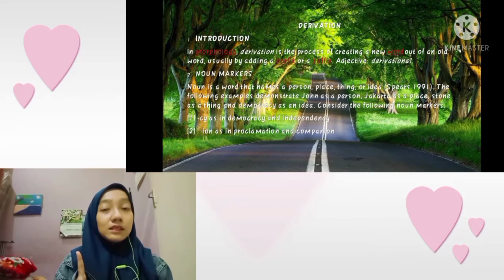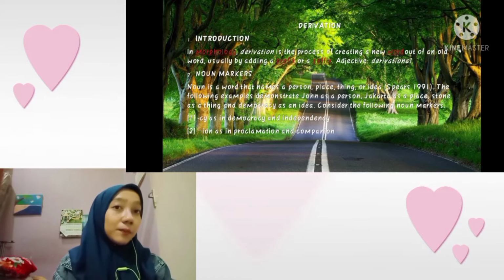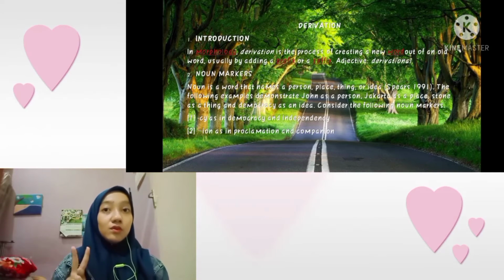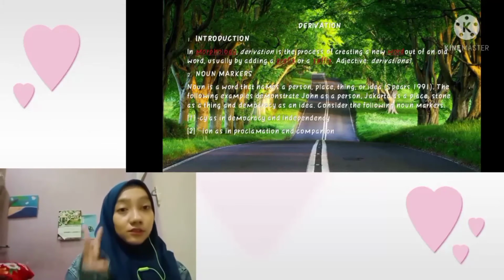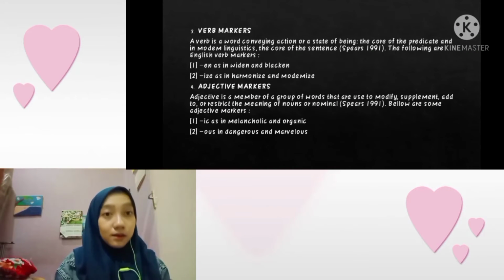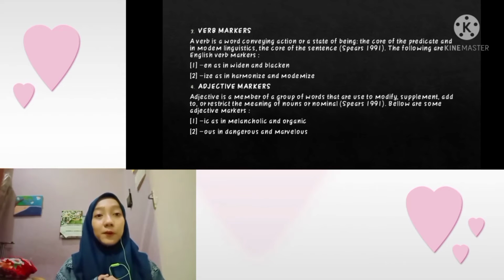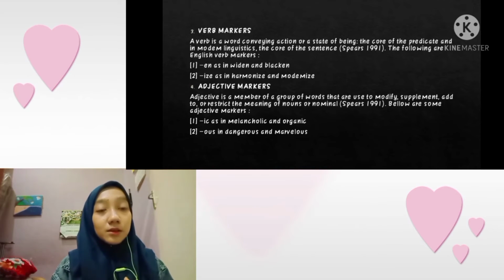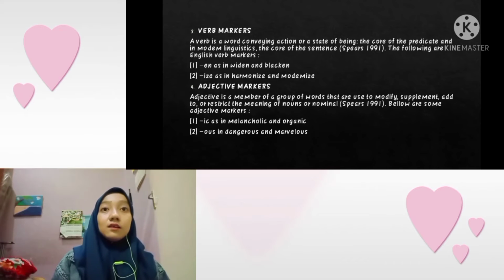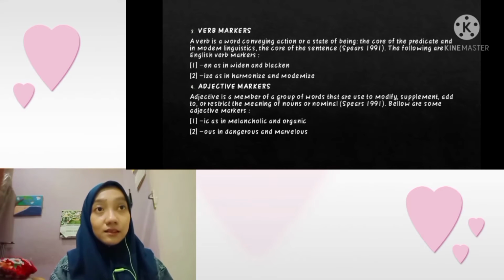1. -cy, as in democracy and independency. 2. -ion, as in proclamation and companion. 3. Verb markers. A verb is a word conveying action or a state of being, the core of the predicate, and in modern linguistics, the core of the sentence.